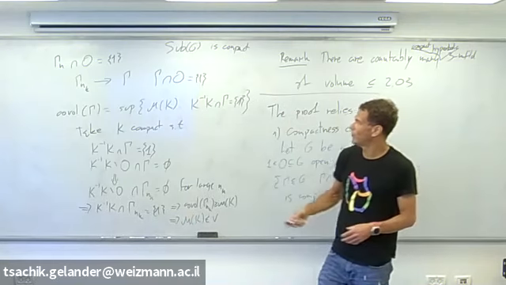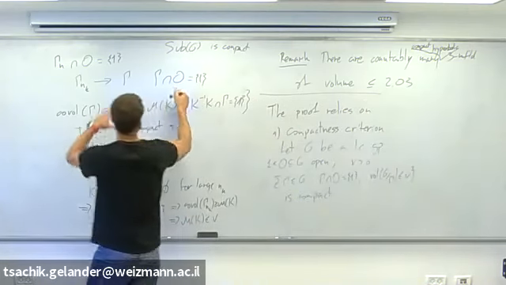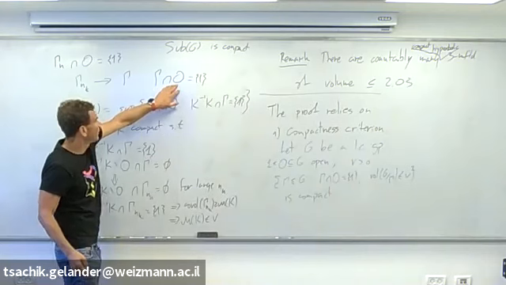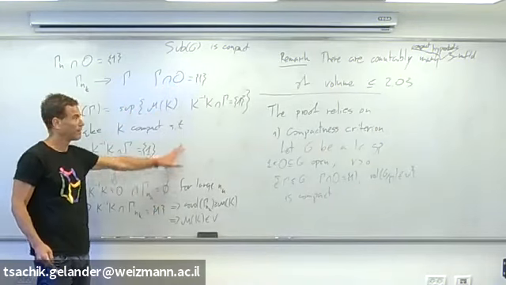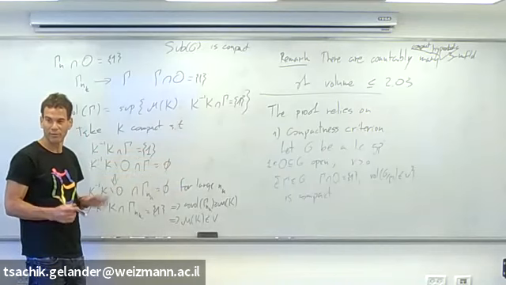We want to show that the limit still intersects O trivially, that's obvious, but it also has covolume at most the limit. So that's the proof of the compactness criterion.